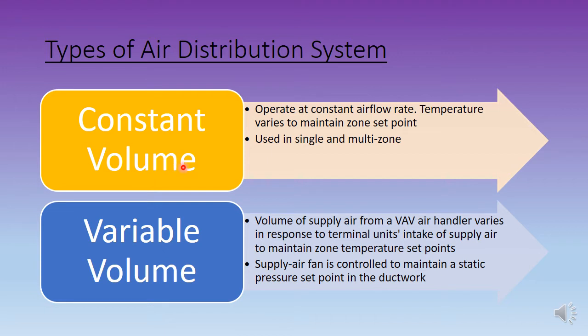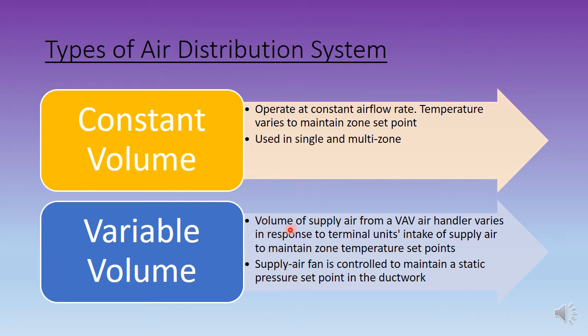Constant volume means we just supply a constant airflow rate into the space, and the temperature varies to maintain the zone set point, and it is used in single and also multi-zone. But as for variable volume, as the name goes, a certain volume is supplied into the space based on the demand of the set temperature of that particular space.